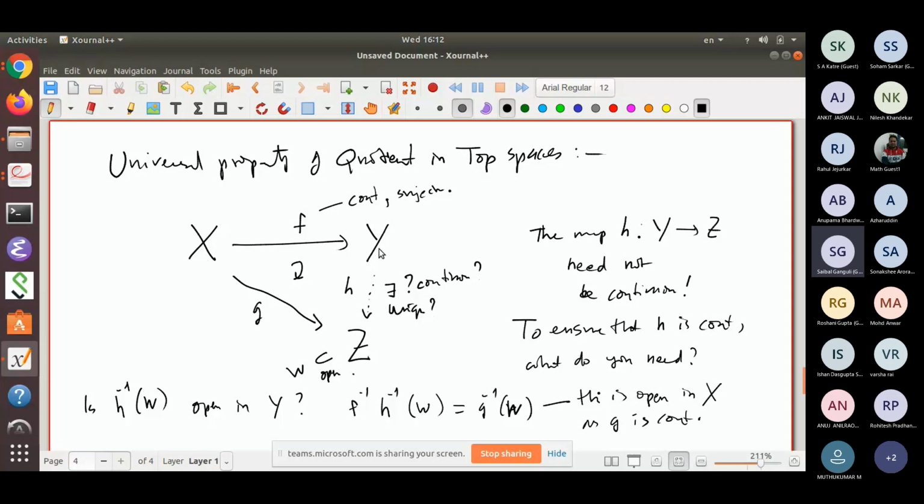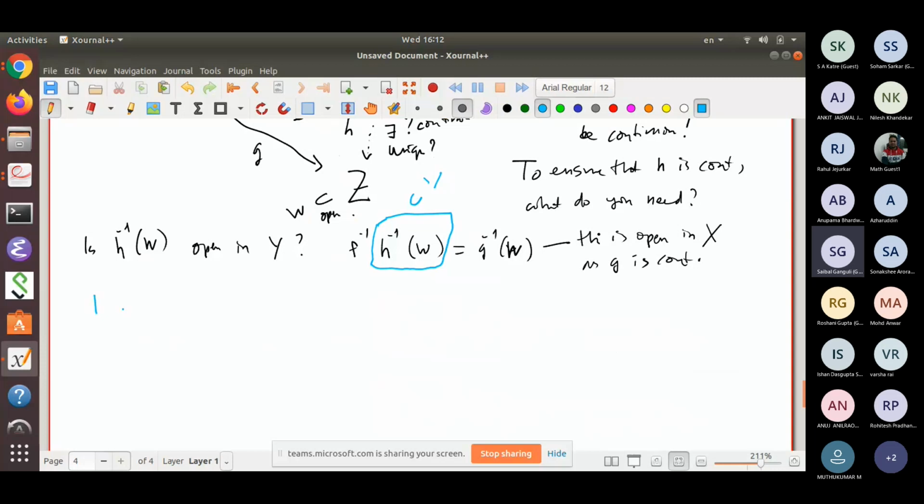So now I have the nice situation that if I look at this set, I don't know whether it's open. I want it to be open. Its inverse image is open.